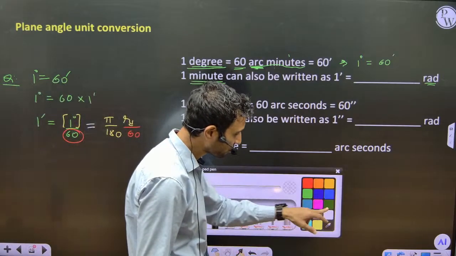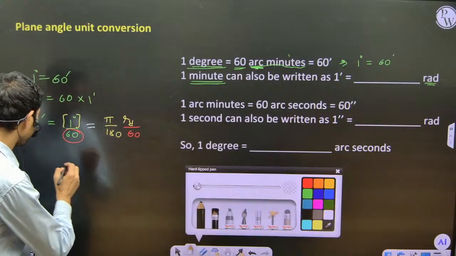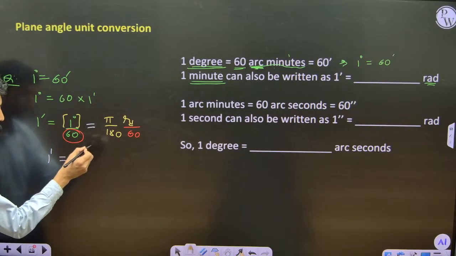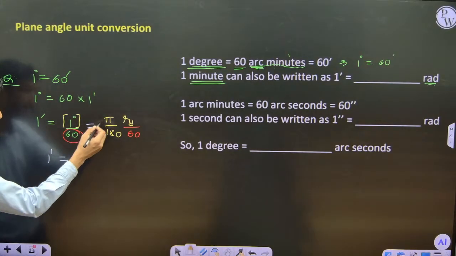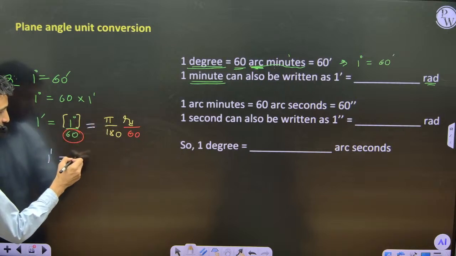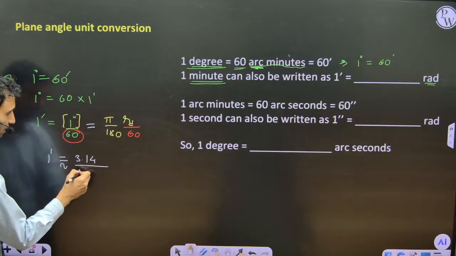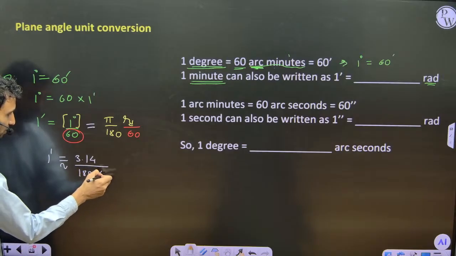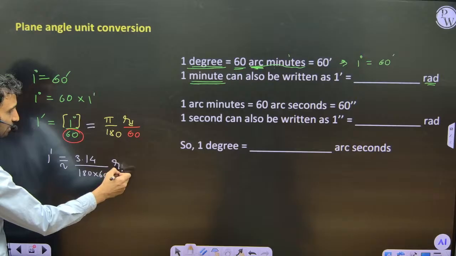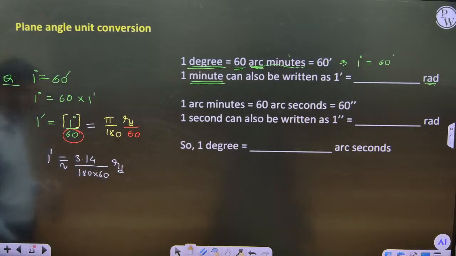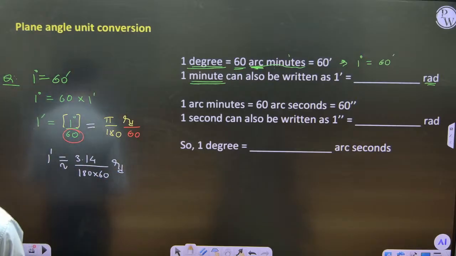So let's do that. You have to solve this yourself by hand, but I'll just be doing it by calculator. You kids have to know how to do it by hand. The approximate value of pi is 3.14, divided by 180. So this is a numerical calculation that you have to do. Do it and tell me how much you're getting.